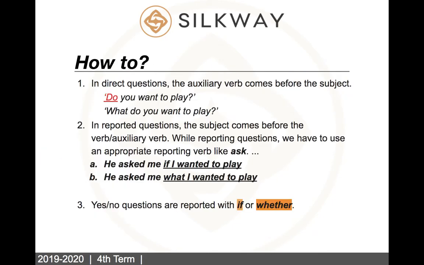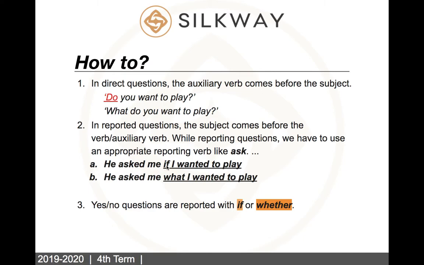How do we do it? In direct questions, the auxiliary verb do, or has, is, to be, comes before the subject. Yes, the auxiliary verb comes before the subject. You is a subject, do is an auxiliary. So, do you want to play? But in reported questions, the subject comes before the verb or auxiliary verb. Have a look.